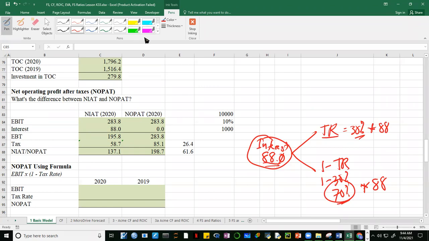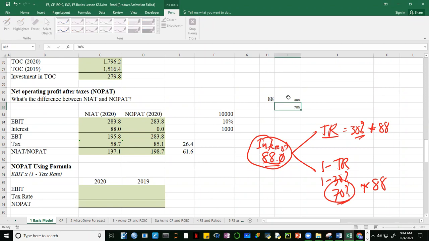Okay, so just to clarify this, we have here 88. Let me just write it here. 88, and then 30% of that, and then 70% of that.